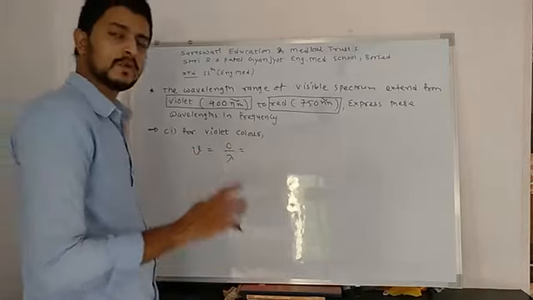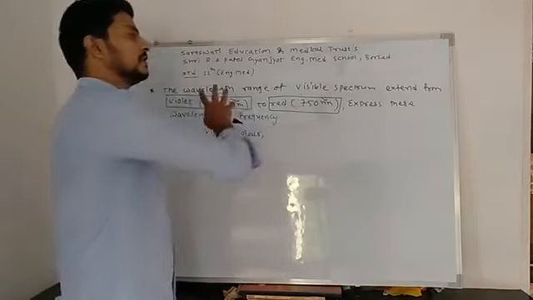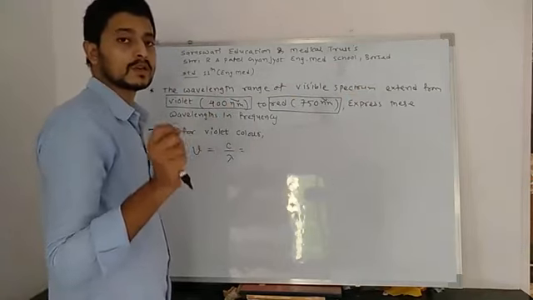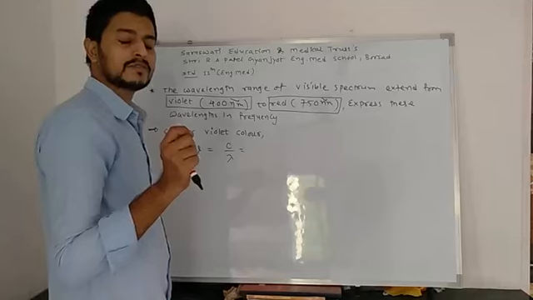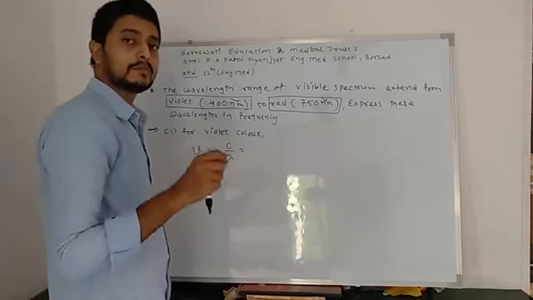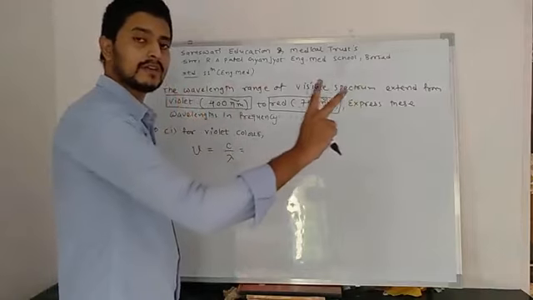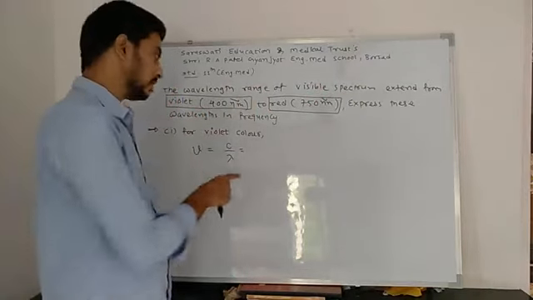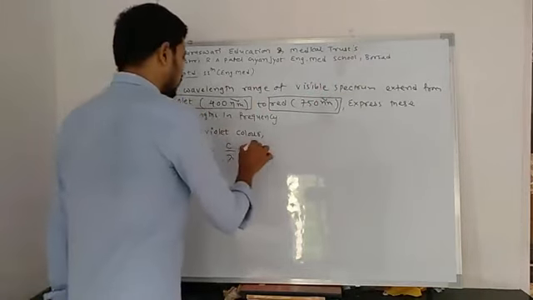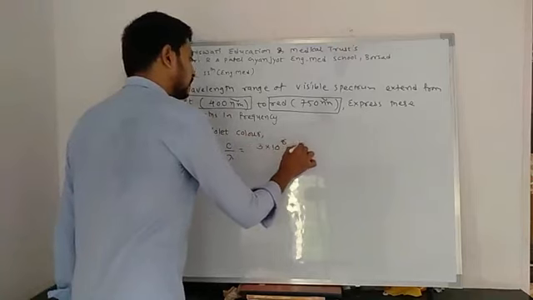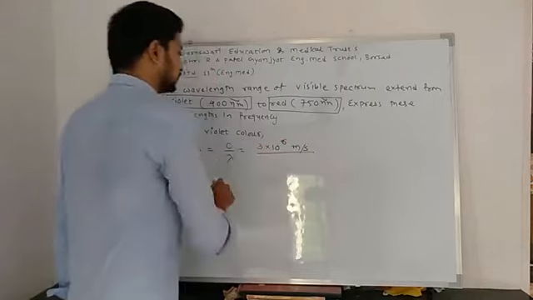Now what is C? The value of C is not given here, but you have to remember it is a constant: 3 into 10 power 8 meter per second. It is the distance traveled by light in 1 second, called C.